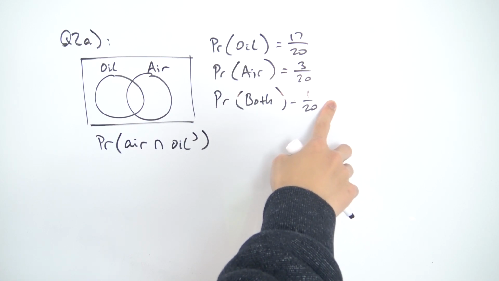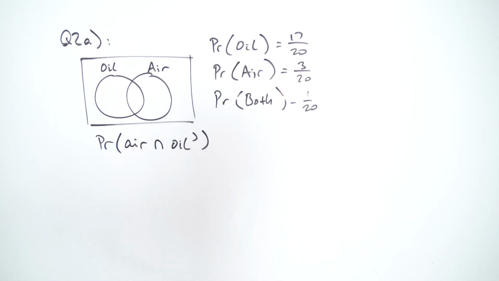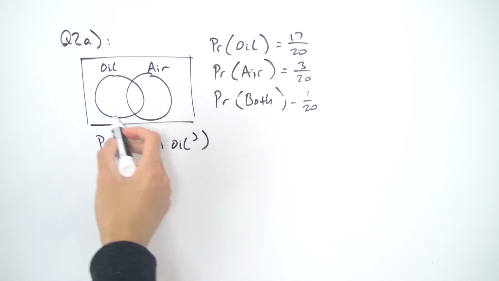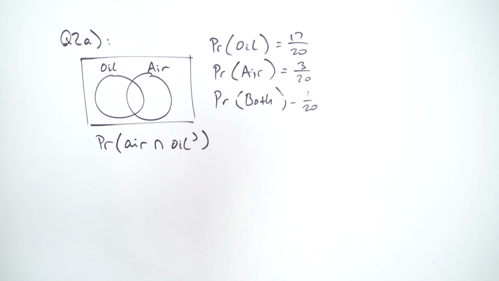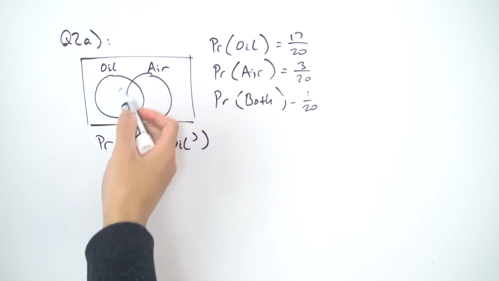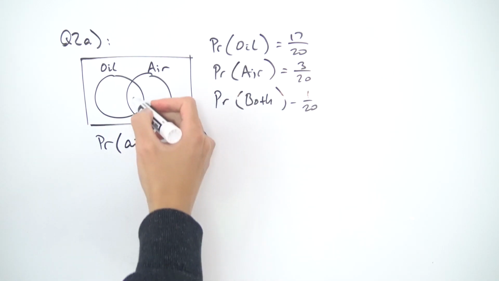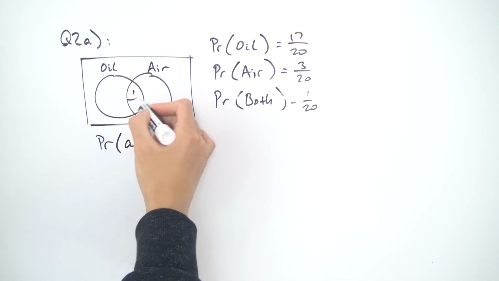And the probability of both is 1/20. So the first thing you want to do is draw up a little Venn diagram. So the probability of getting an oil change is this whole circle, which is 17/20. Same thing for the air, it's this whole circle, which is 3/20. But the probability of having both is in the intersection, and that's 1/20.